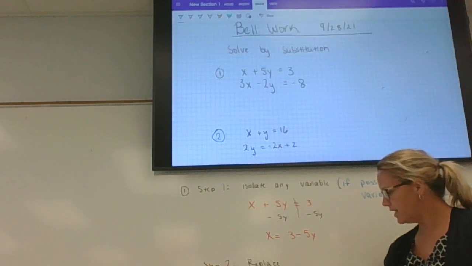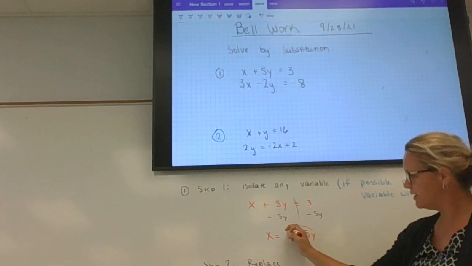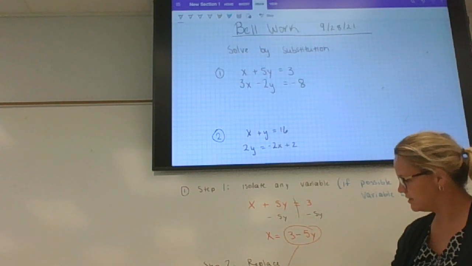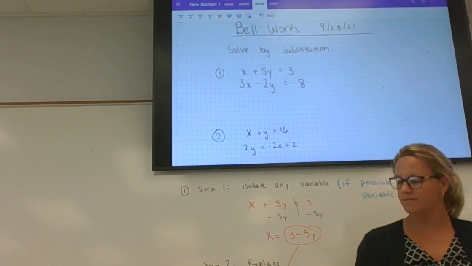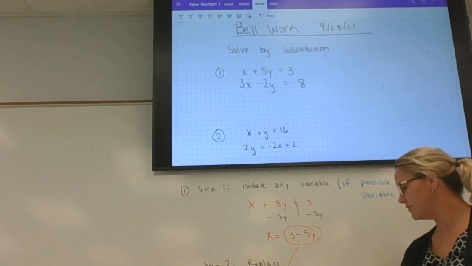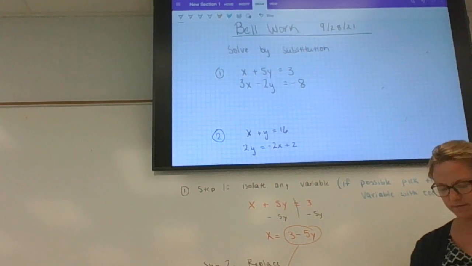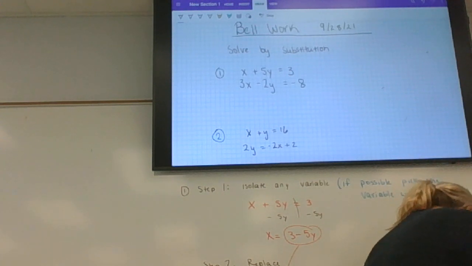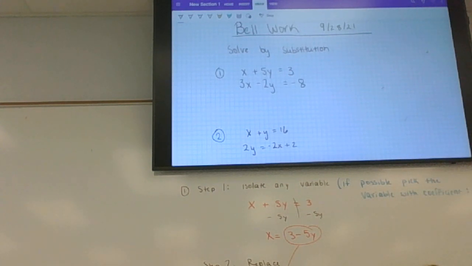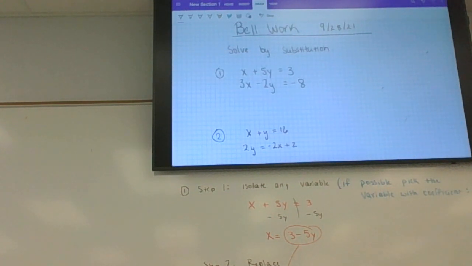I'll circle this x. I'm taking it out of the problem and replacing it with this expression that is its equal. So I now have 3 times (3 minus 5y) minus 2y equals negative 8. If you can get your equation down so that it only has one variable, like just x's or just y's, that's something that can be solved.